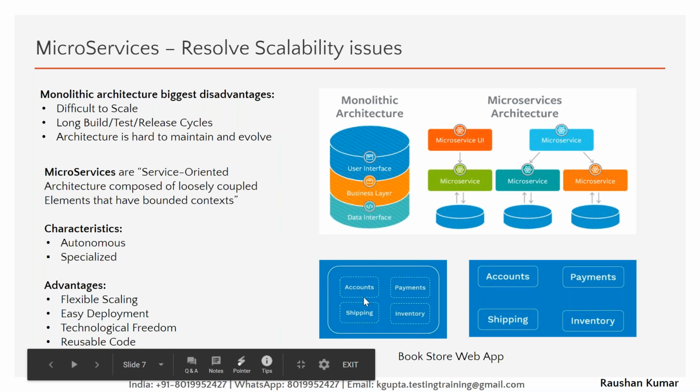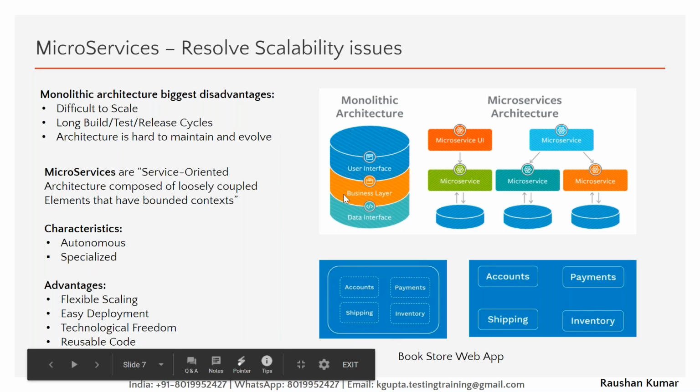Whatever code I write in accounts, I am free to use the same function anywhere, in shipping, payments, inventory. That is when, if something goes wrong with my accounts, there are huge chances that my other application components will be impacted because I'm using the same code.